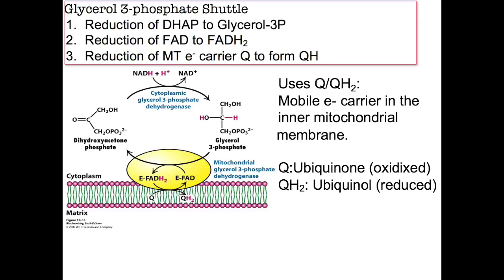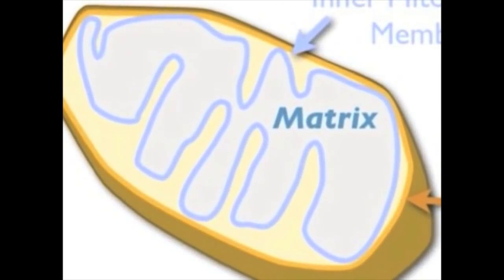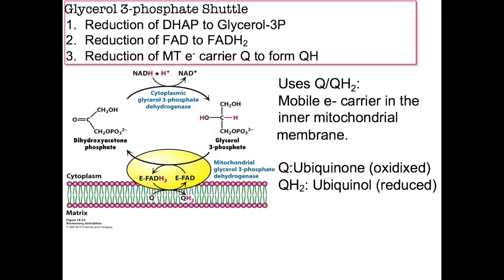In this process, we're going to start with NADH that's in the cytosol, and we're first going to pass those electrons to dihydroxyacetone phosphate to reduce it to glycerol 3-phosphate. We're then going to use an enzyme associated with the inner mitochondrial membrane. It sits on the cytoplasmic face of the inner mitochondrial membrane, facing the intermembrane space.